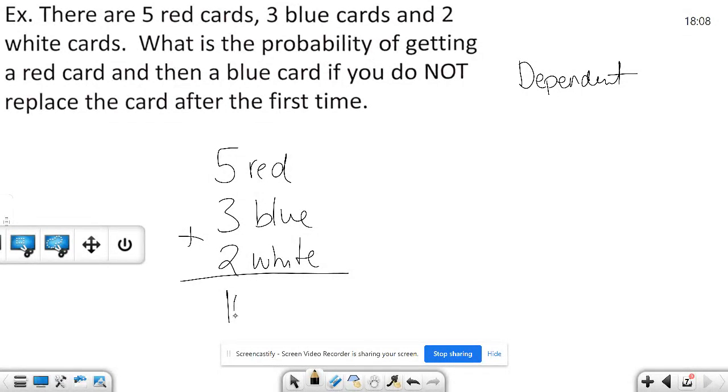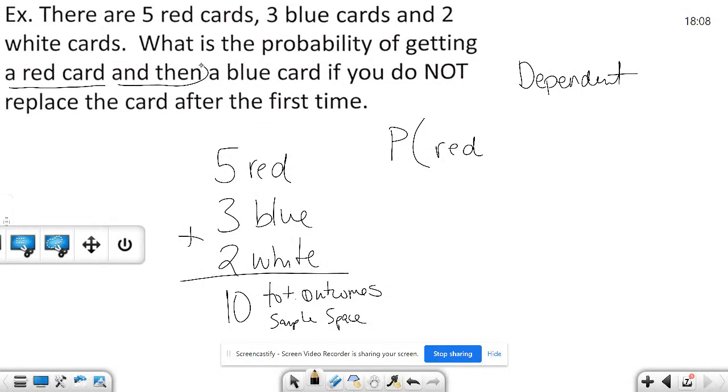I still have 10. That's my total outcomes. And that's my sample space. And the question is asking, what is the probability if I take a red card and then, I told you that means to multiply, a blue card?